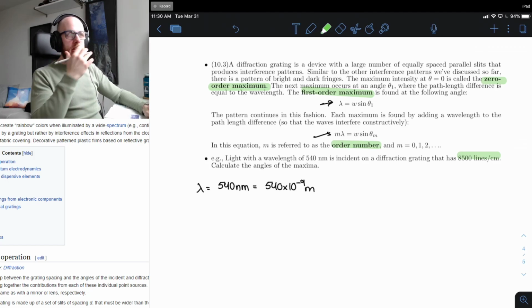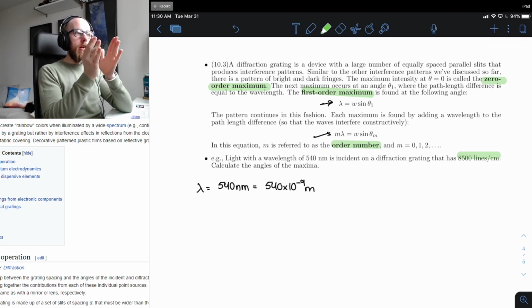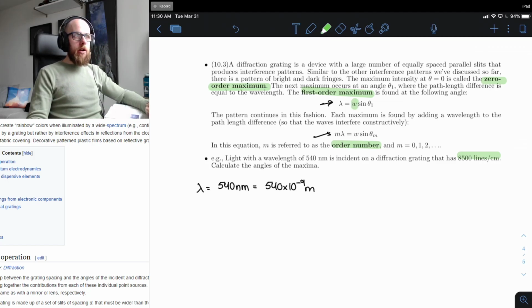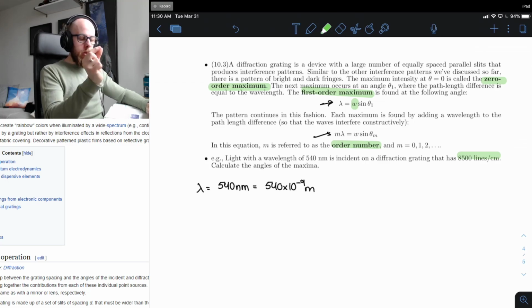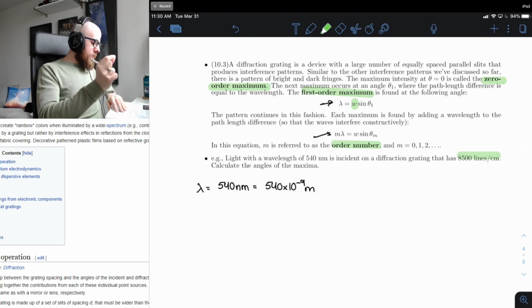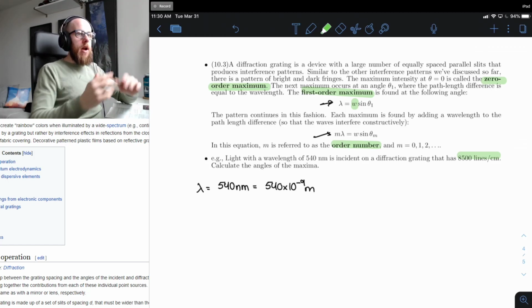And so what that's telling us is it's a way of encoding information about the width of each opening, okay? Because the width that we're defining in our two formulas up there, that's the width of each individual spacing in our diffraction grating.